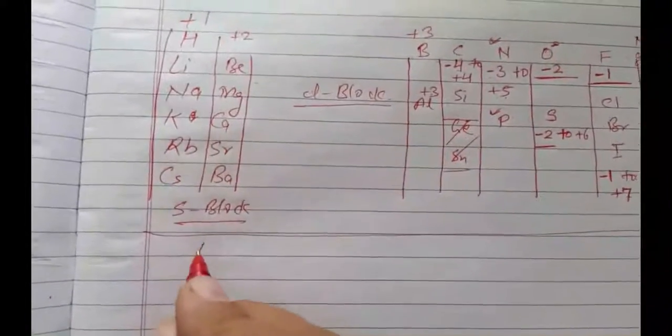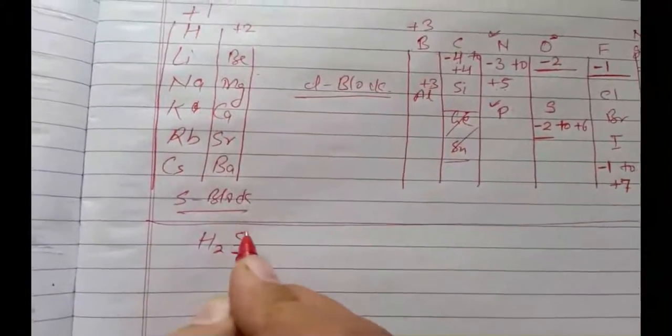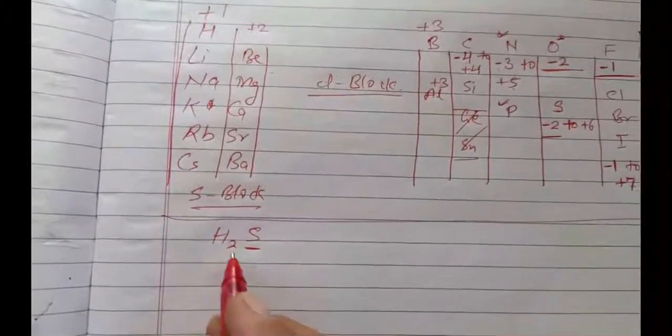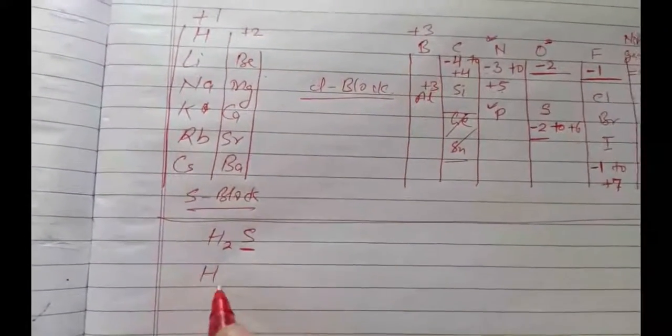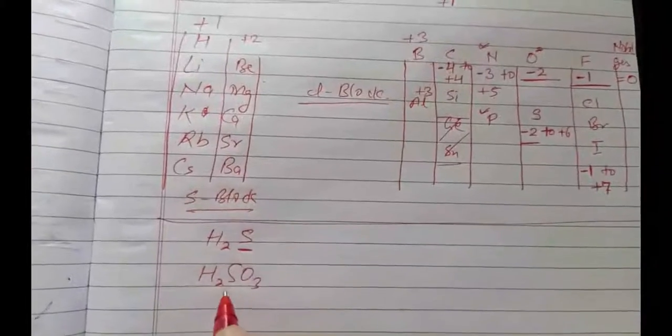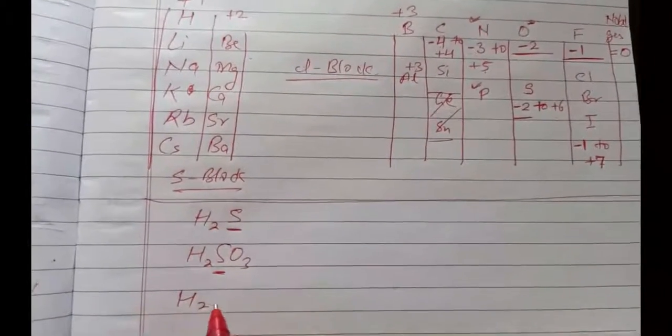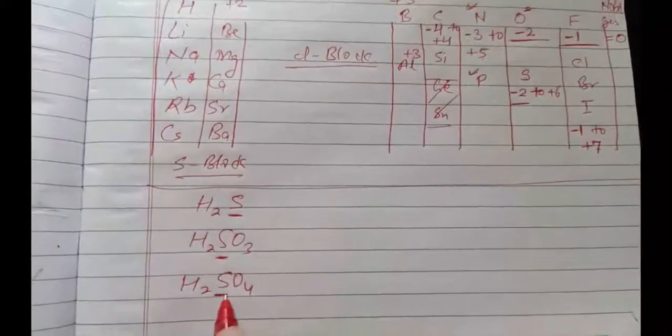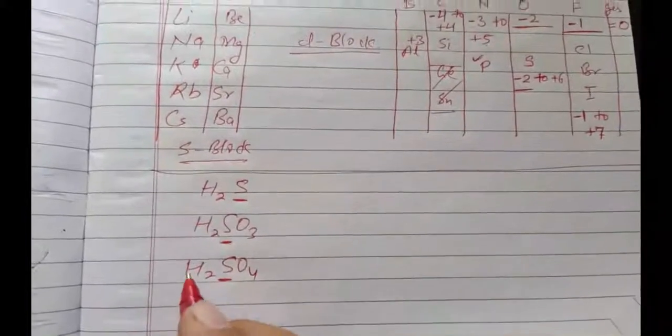Now I will take a few examples. For example, if I ask you to find the oxidation number of sulfur in hydrogen sulfide, in H2SO3 meaning sulfurous acid, and in H2SO4 meaning sulfuric acid.